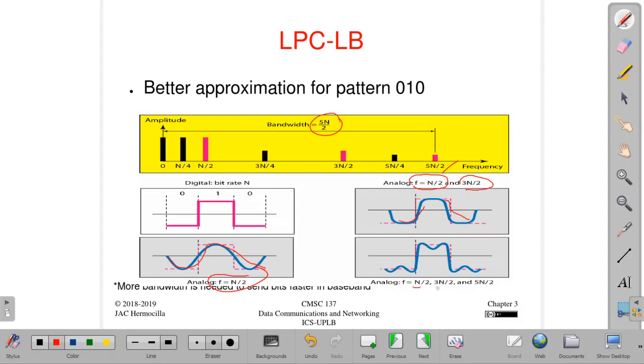And if we add more components, you will see that the analog signal realistically approximates the digital signal. So that means that in order to really accurately represent the digital signal, we can add more frequency components so that we get a better approximation of the digital signal.